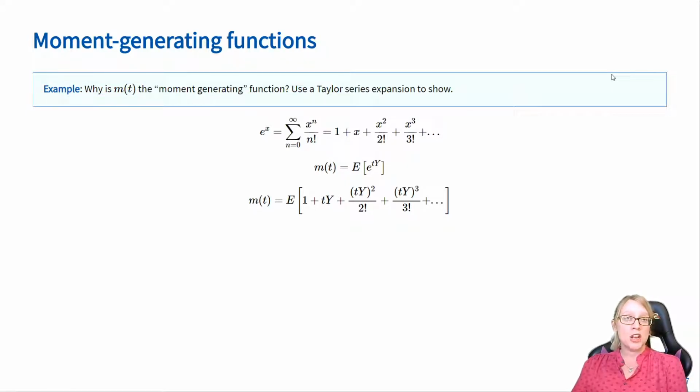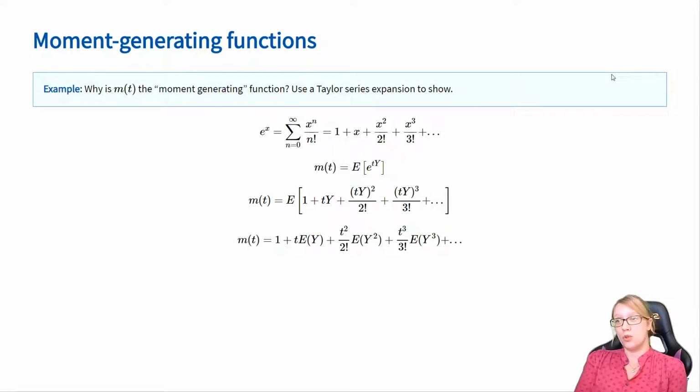So that's what the moment generating function is calculating for us. Now, if we distribute that expected value through, we get something that looks like this. We have 1 plus t times the expected value of y plus t squared times the expected value of y squared plus t cubed times the expected value of y cubed. So there are the moments baked into this function.